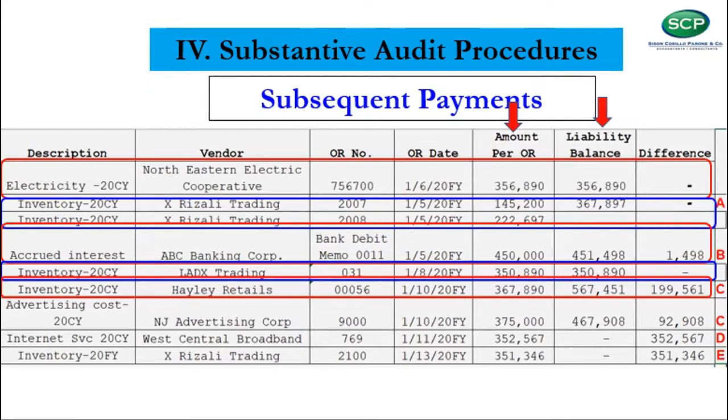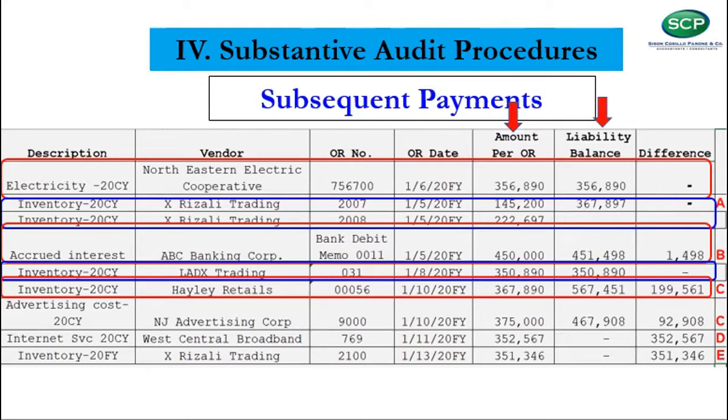Because Haley Retails is already a sampled item, hindi natin pwedeng sabihin na yung 367,000 is enough para makapag-conclude tayo na tama yung 567,000. We have to test the whole 567,000.